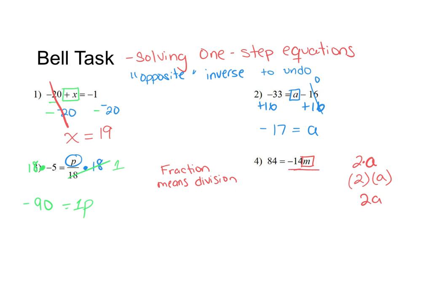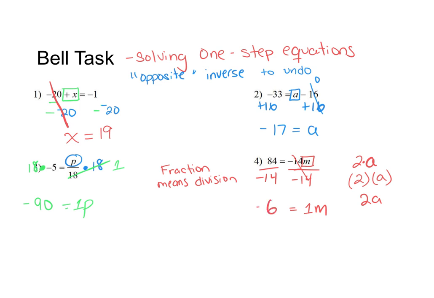Because I multiplied by negative 14, I divide by negative 14. Notice how I always take the same exact number and operation and I do it to both sides. This again cancels out, so I am left with 1m. And I am left with 84 divided by negative 14, which gives me negative 6.